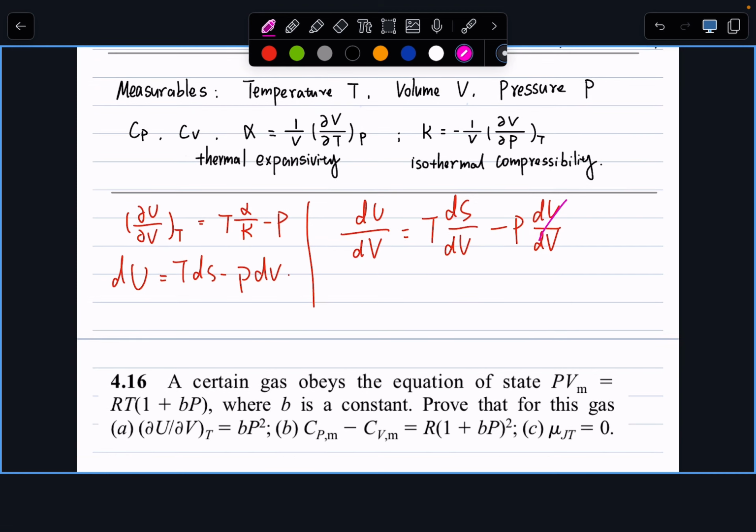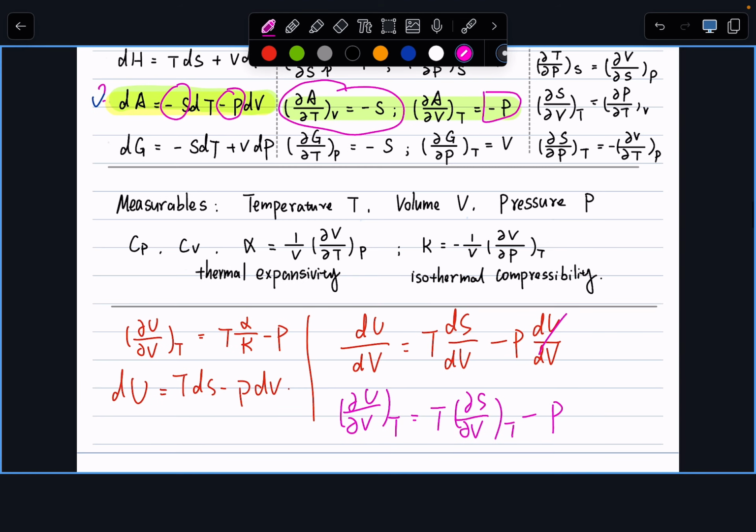Looking at a constant temperature process, since it's a state function, we can define one. We have (∂U/∂V) at constant T equals T (∂S/∂V) at constant T minus P. Later, using thermodynamic relations, we find this term equals (∂P/∂T) at constant V, which then equals α/χ.